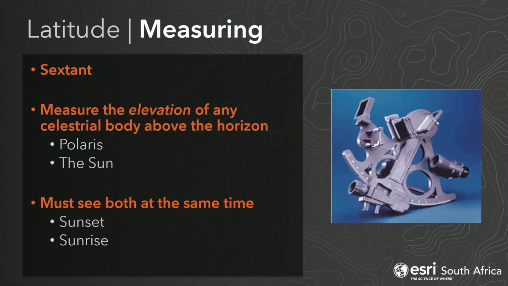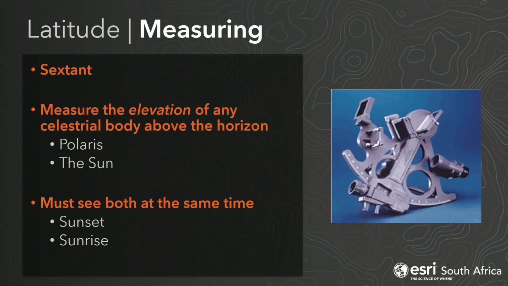And how did we measure these lines of latitude, or how far north or how far south we were? We use a sextant. And a sextant works on the premise that we can see the horizon, we can see a star or a celestial body, such as the moon or one of the planets, and we can then work out those angles, and that gives us an indication using charts of how far north or how far south we are.